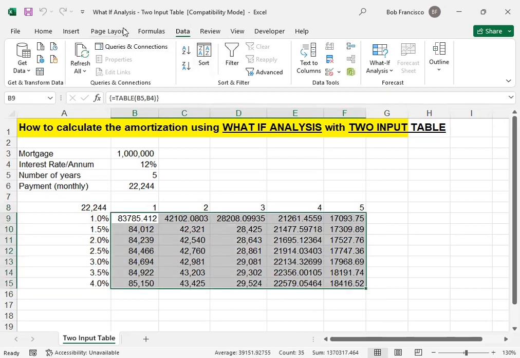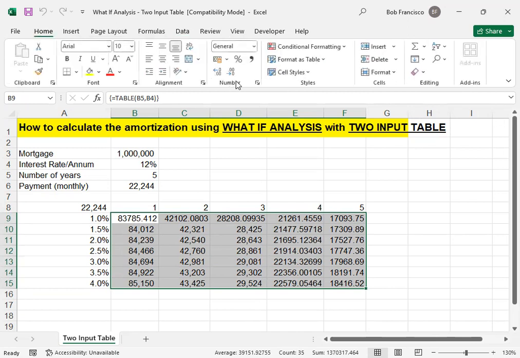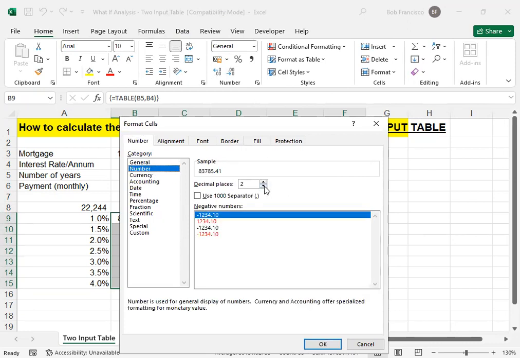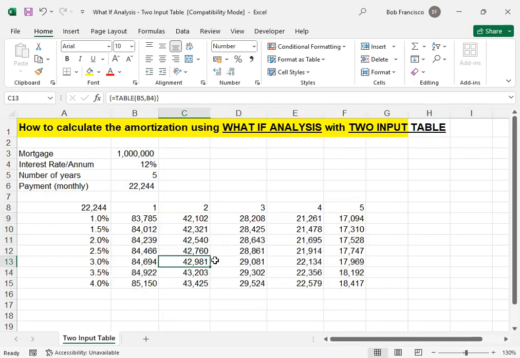I'm going to go to the home, and then format this to just number, no decimals, but with comma separator. Okay. All right. So this is the scenario.